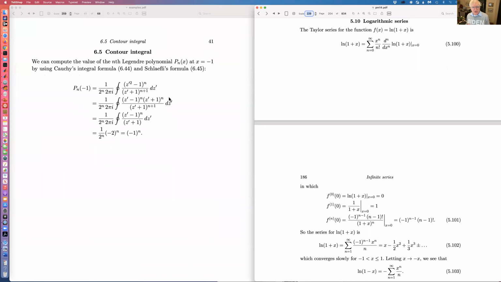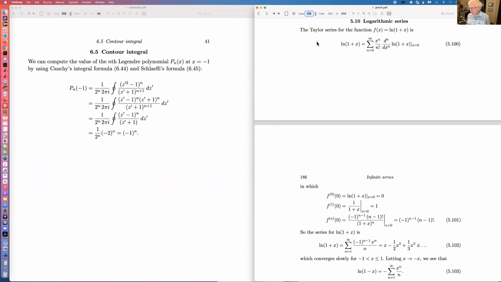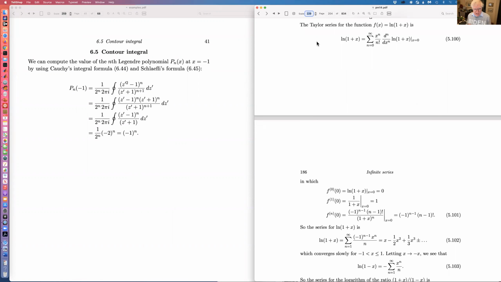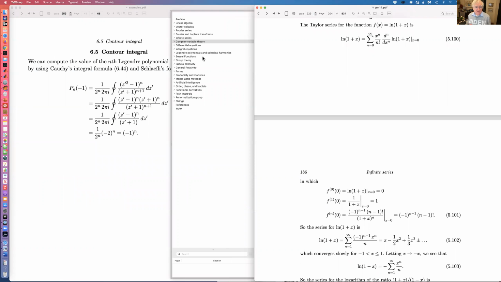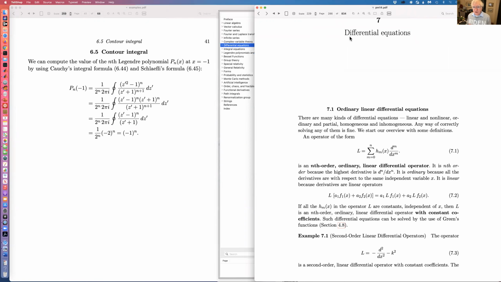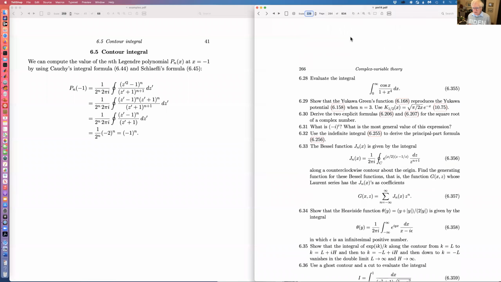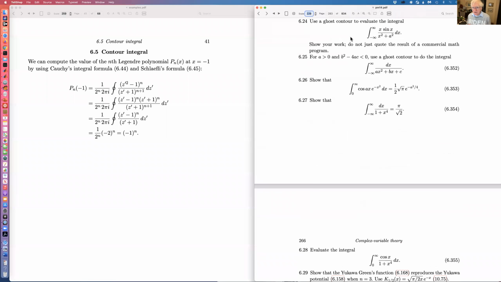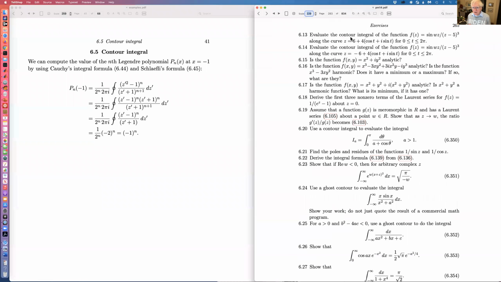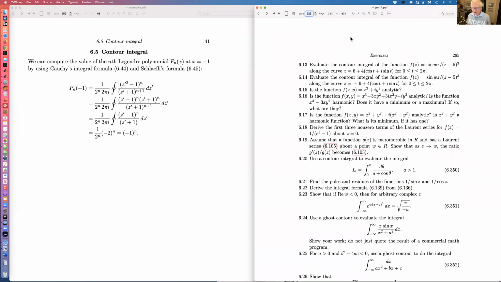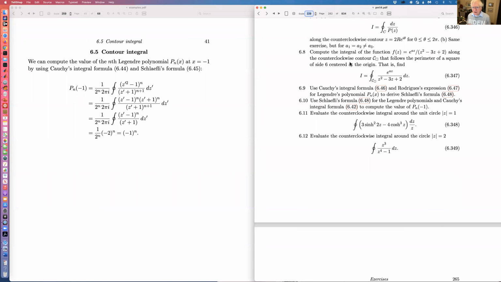So this is the contour integral I decided to do. This was a problem, I forget which problem it is. It's one of the problems at the end of the chapter on complex variable theory. It was the one with Schläfli's... here we are.